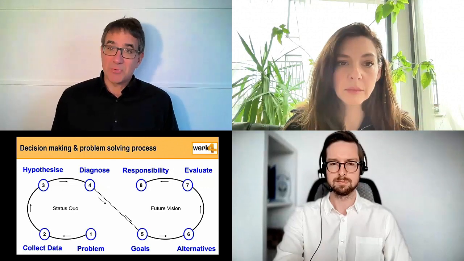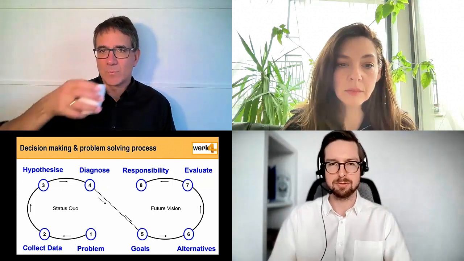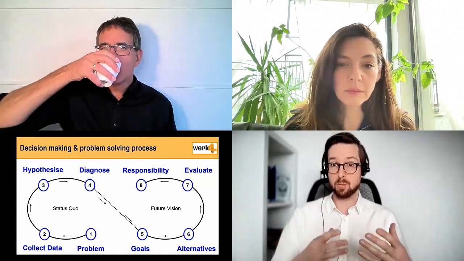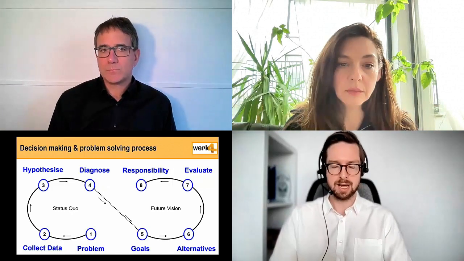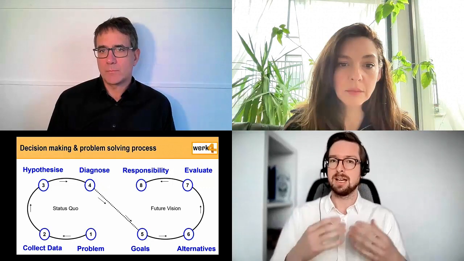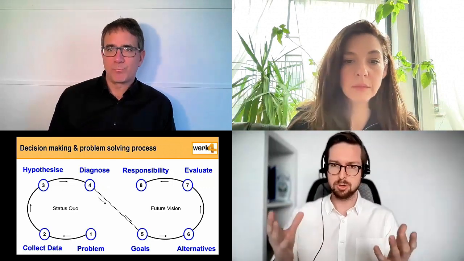Number 1 says problem. Mike, what does the problem mean? Well, of course, we're looking at decision making and problem solving. So the idea here is that there will be a problem, something that needs to be tackled. Stage 1 is establishing and defining that problem, which really comes in 2 parts.